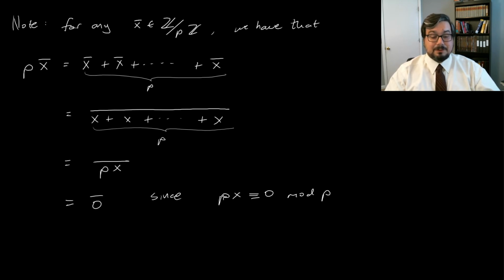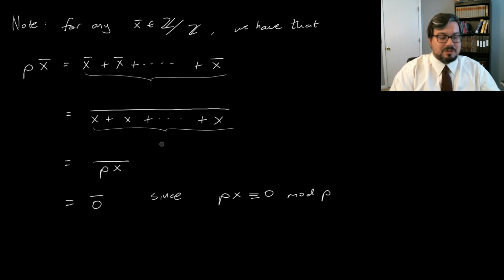In this case, their difference is just the number px, which is certainly divisible by p. What this means is that no matter what element of Z mod pZ you choose, if you add up p of them, you get 0 back. No matter what. And in fact, none of this is actually special about p. Notice we didn't use the primeness of p here.